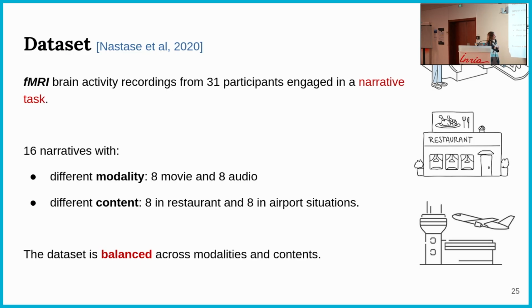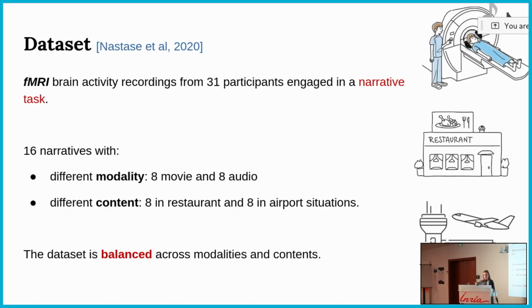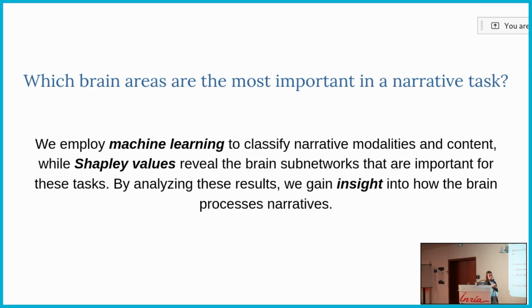Or they could also be divided by the content, so by the script of the narrative. So 8 narratives were about a restaurant situation, and 8 were about an airport situation. And so the dataset is balanced by modality and content. We wanted to answer the question: which brain areas are the most important in a narrative task.